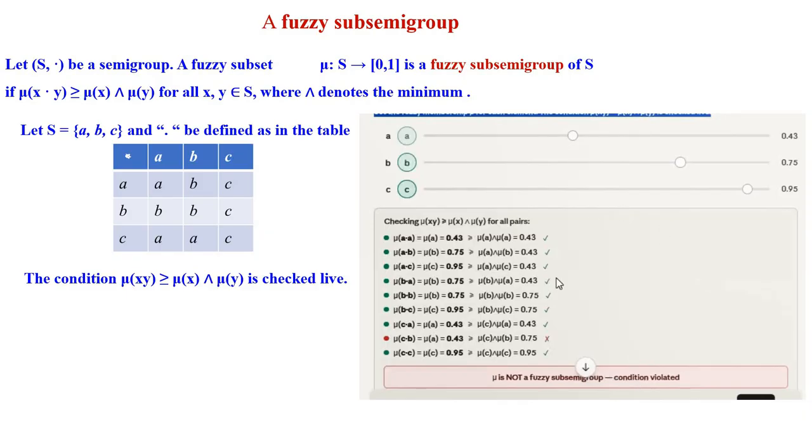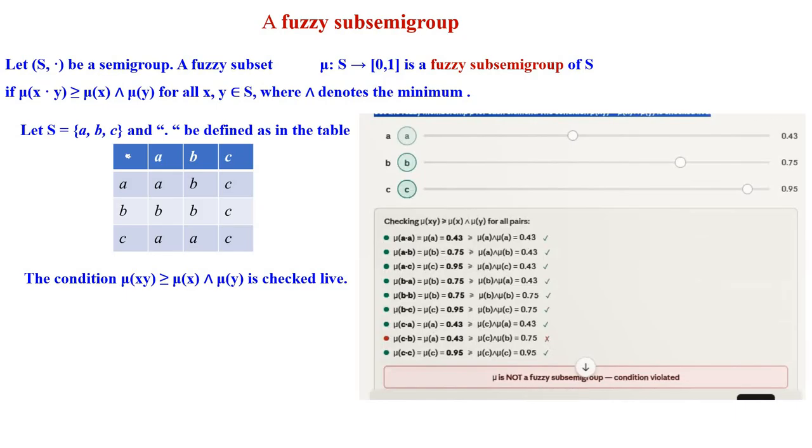See, here let us take. You cannot say that for all values of a and b this is satisfied. We can have mu to be a fuzzy subsemigroup in some cases, and in some cases it is not.